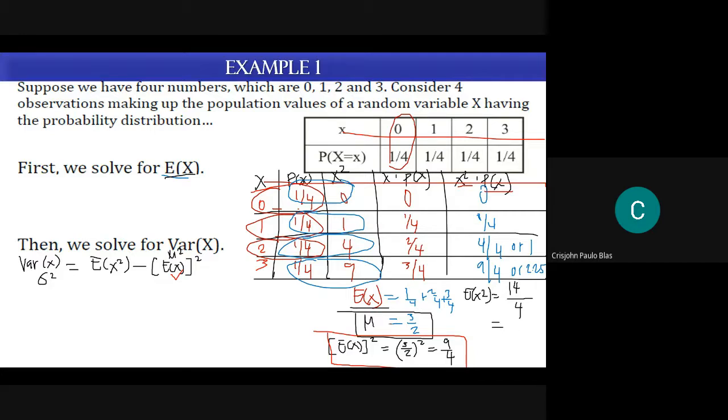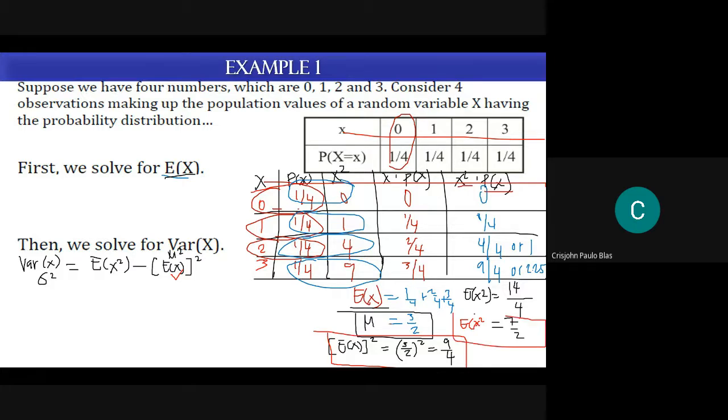What is the simplified value of 14/4? Tama ba ako? 14/4? Seb, anong sagot? 7/2 po. Very good. So we have 7/2 for our E of x squared. So we have the basic elements needed in solving the variance.